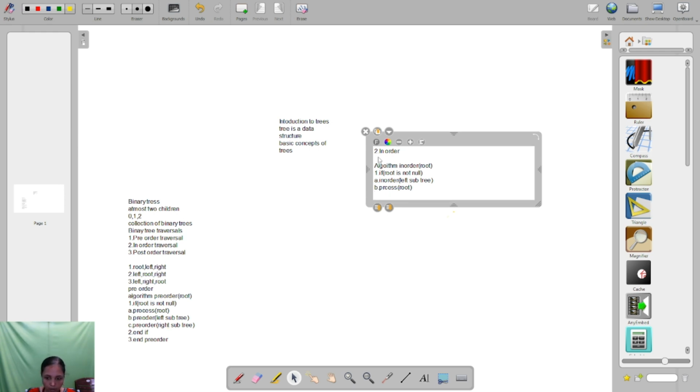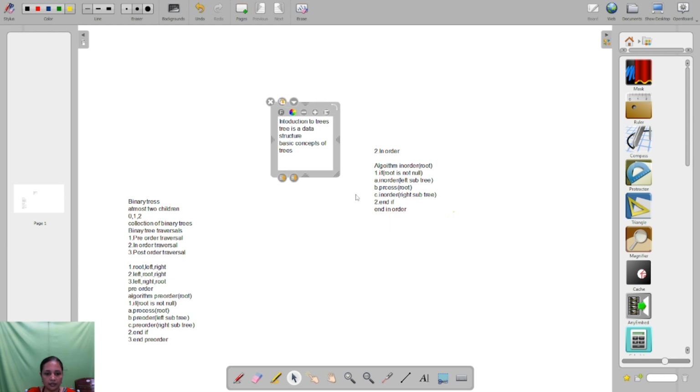The third is the right subtree. Finally, you end if and end in order. Okay, so we go to see one example for this one.